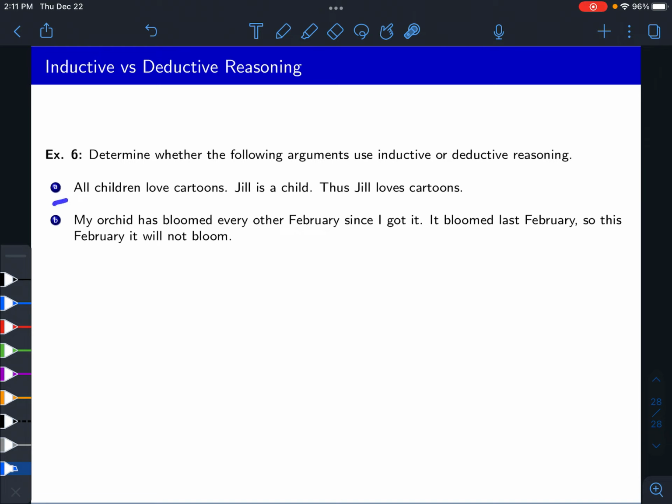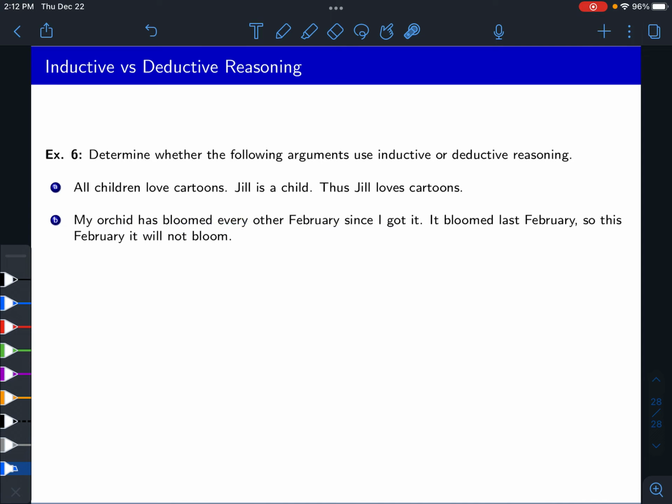One of the key differences is that in deductive reasoning, we are being told the assumptions that we are supposed to make. The logical statement that comes along with this is that if these assumptions are true, then this conclusion is true. If all children love cartoons and Jill is a child, then we can conclude that Jill loves cartoons.